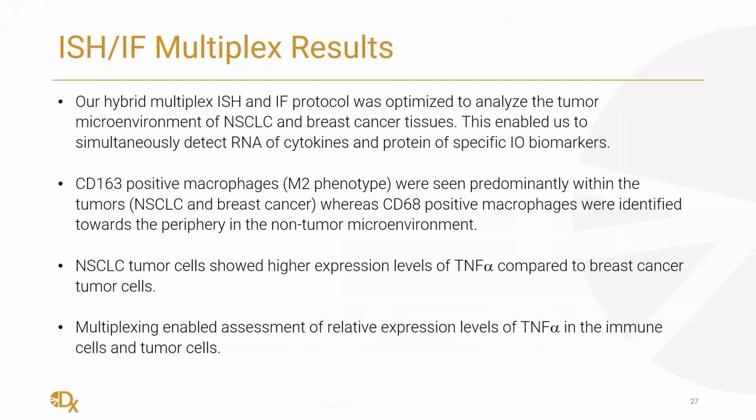CD163 positive macrophages were seen predominantly within the tumors, whereas the CD68 positive macrophages were identified towards the periphery in the non-tumor microenvironment. NSCLC tumor cells showed higher expression levels of TNF-alpha compared to breast cancer tumor cells. This multiplexing enabled assessment of the relative expression levels of TNF-alpha in the immune cells and tumor cells.